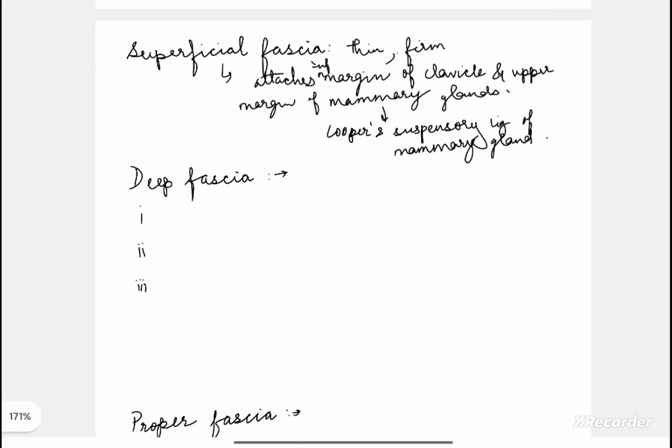Now next is the deep fascia. Deep fascia is also called pectoral fascia. Okay. Now this deep fascia covers the pectoralis major muscle.